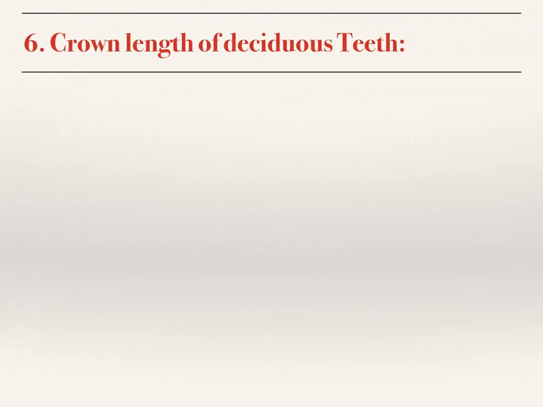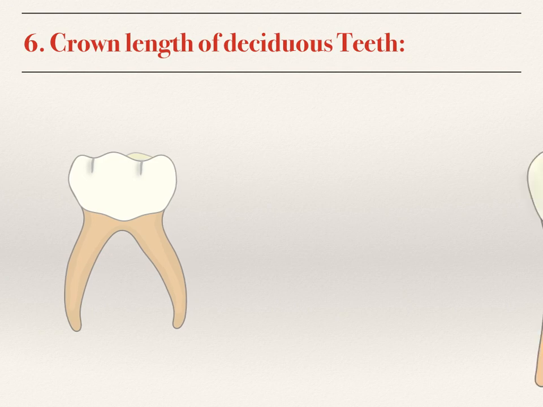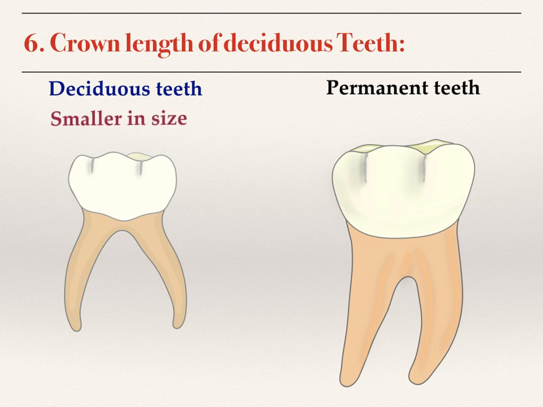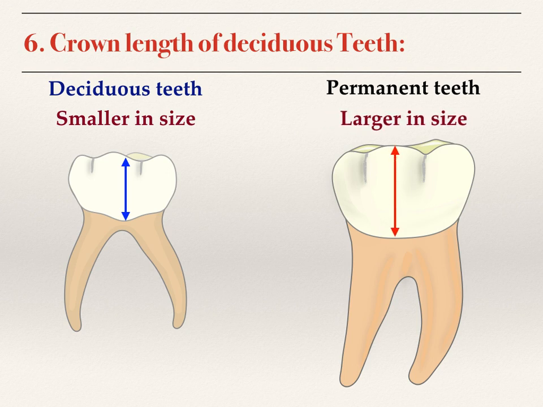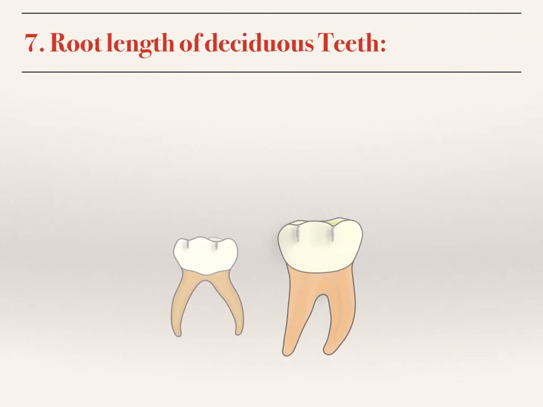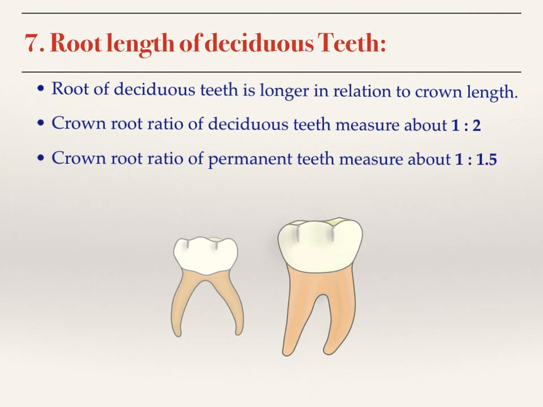Crown length of deciduous teeth. The crown is smaller in size than the permanent teeth. This is the difference. Root length of deciduous teeth.